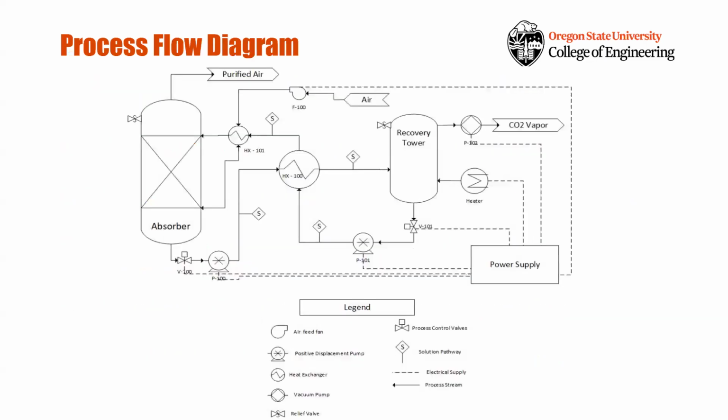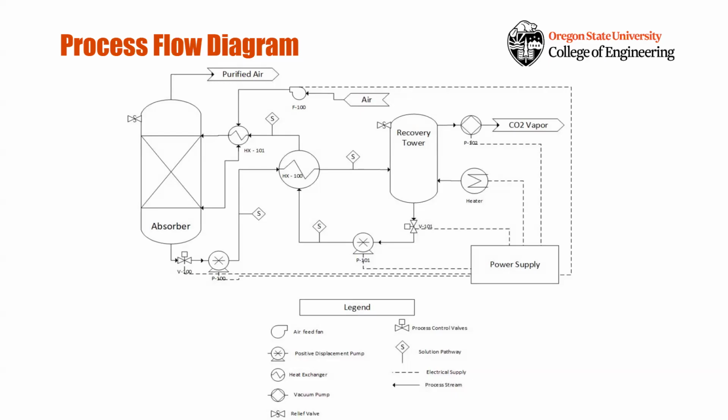So as stated earlier, here's a short process flow diagram where air is fed into a heat exchanger and into the absorber by either a sparger or direct air intake. And our solvent is going to be coming in at the top, through the packed bed, and going through the bottom pump, where a heat exchanger will preheat it with the already recovered tower solvent.